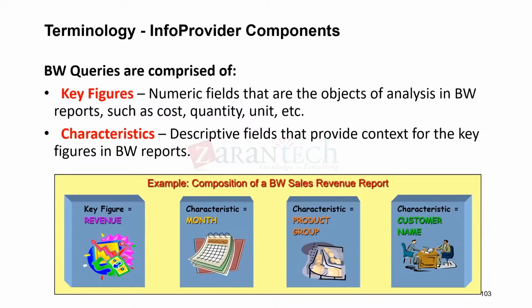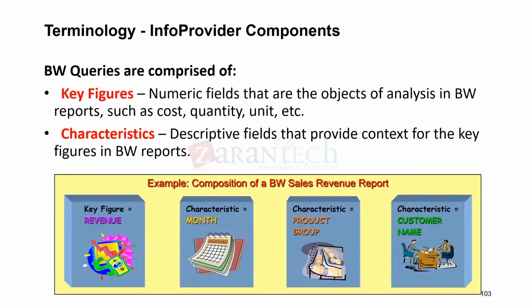Now, what would be an example of numeric data? Say you have a bank account. Your name is a non-numeric characteristic, sorry, it's characteristic data. Whereas your bank balance, the amount balance in your account, is your key figure data or numeric data.